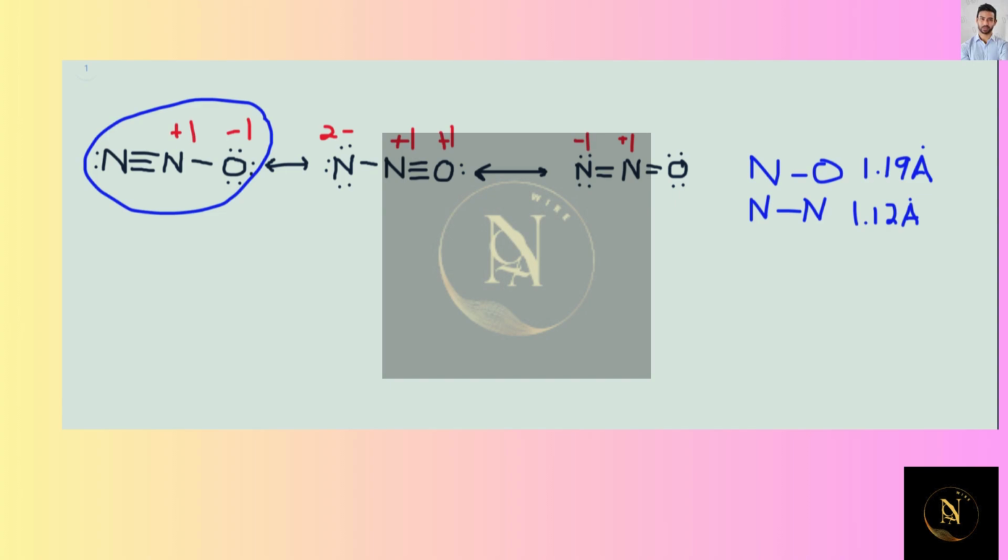It's actually going to be closer to this kind of structure. It's going to be somewhere between these two structures. So your actual structure is going to look somewhat like this.